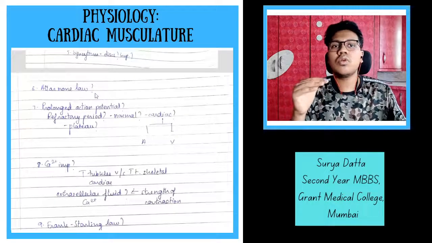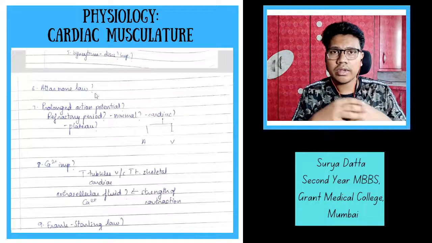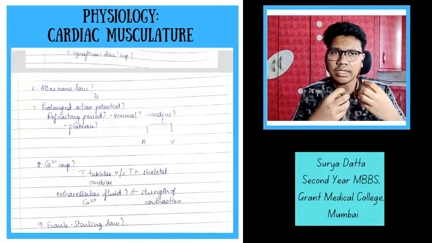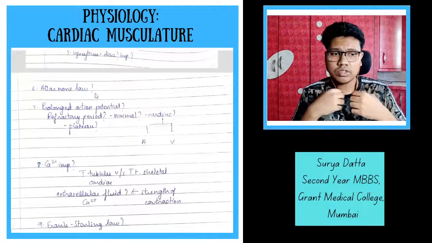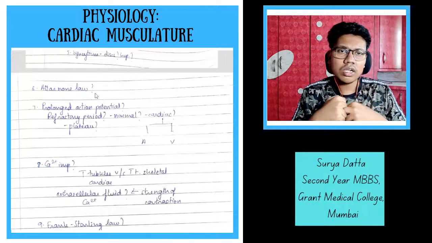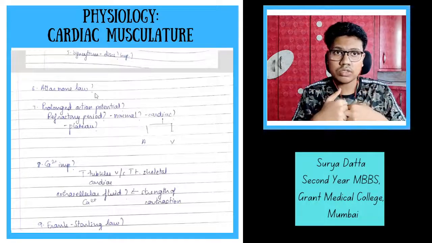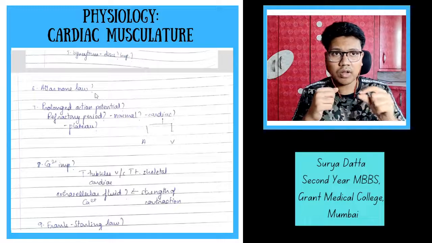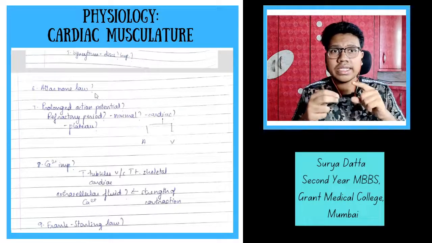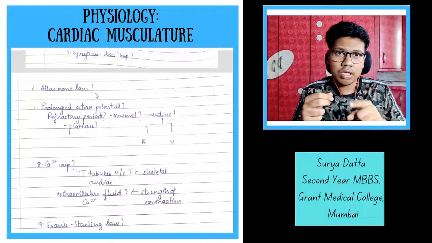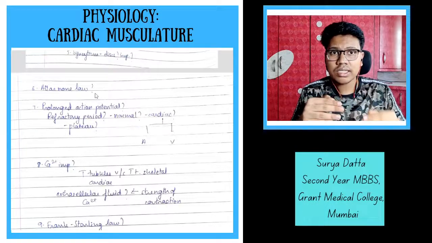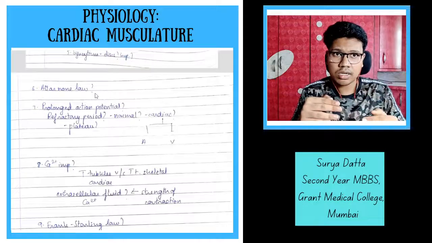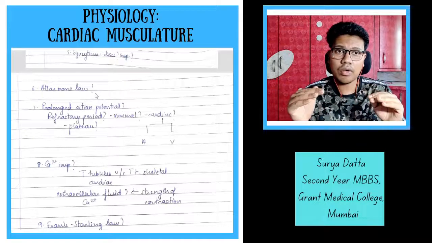Now we come into the more important ones, or not exactly important, but more relevant to me and medically relevant ones. The all or none law. To the medical students out there, and even some 12th graders who will know this, when a muscle or a nerve fiber, whatever it is, can only be excited if the stimulus that I'm giving the nerve fiber or muscle exceeds a threshold amount.